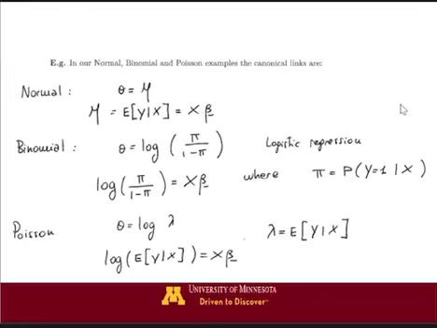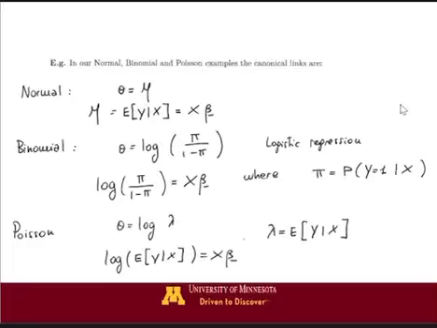We took advantage of that and derived the link function, as you can see, for normal, for binomial, and for Poisson. The one for Poisson is log lambda, the one for binomial is what we call logit, the log of odds ratio, and the one for normal is identity.